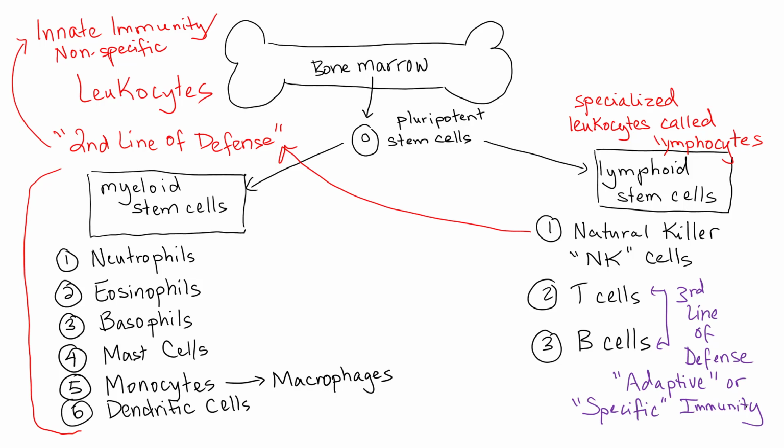So now we're going to go through each of these types of leukocytes. Let's go to the next slide. So this is starting with neutrophils. So this is a neutrophil.